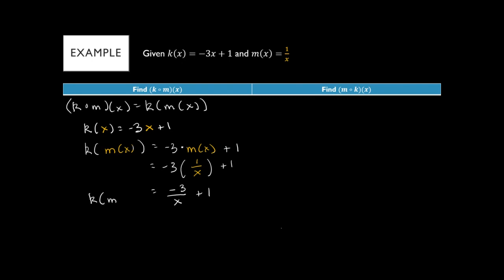So K of M of, so let me use the other notation they gave us. We have a new function. And when you plug M into K, your new function is negative 3 over X plus 1.